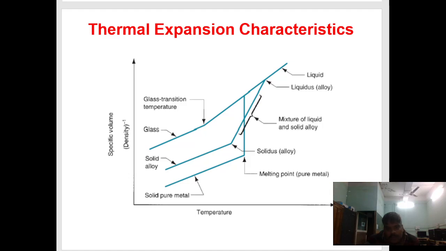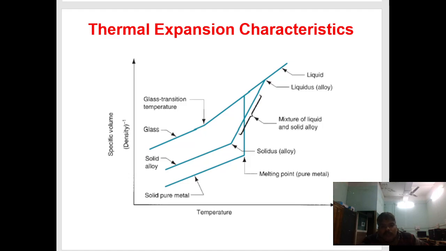For the solid pure metal, up to the melting point the specific volume increases in a linear way, and after the melting point specific volume increases in a very rapid way in a vertical direction.